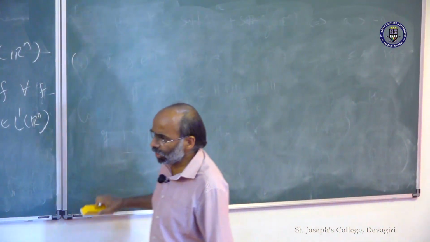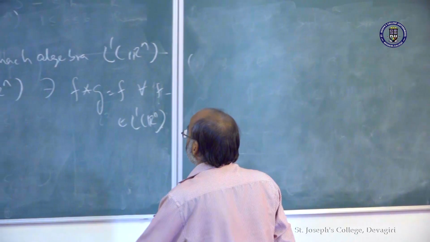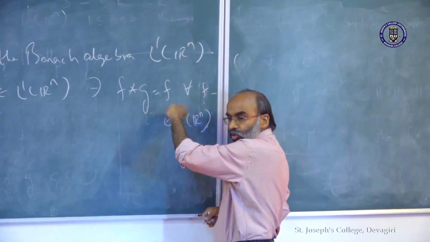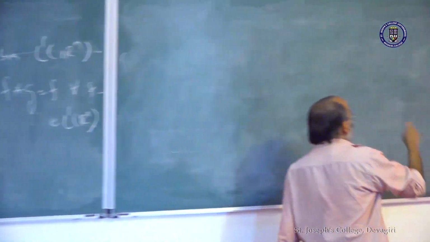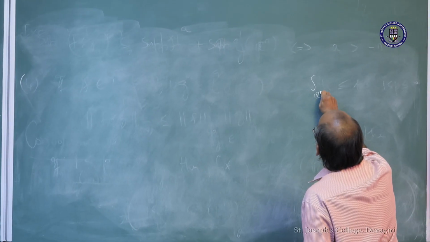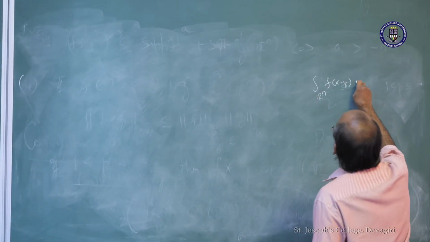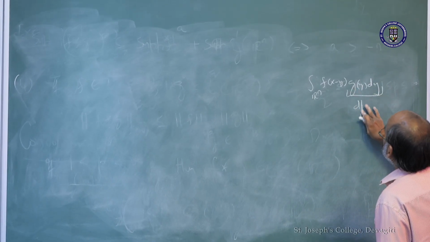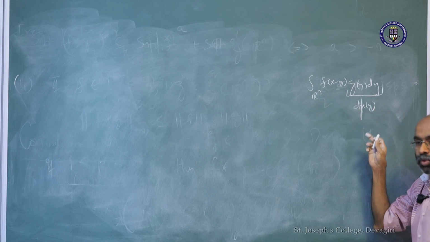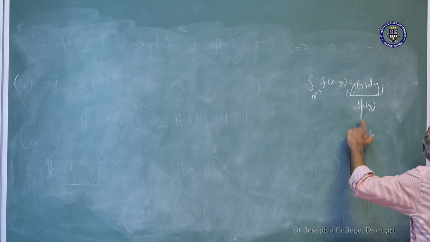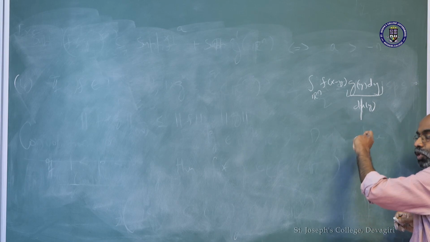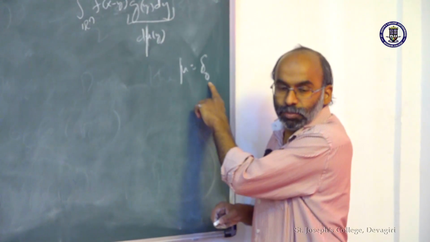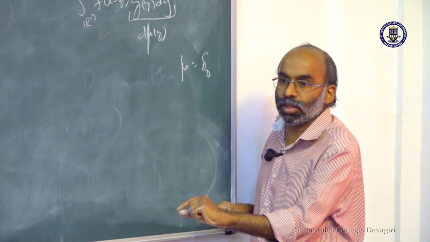If you know enough measure theory, you should know that if I take the Dirac delta at 0, then f convolved with the Dirac delta at 0 is f. Let's justify that. Remember our definition of f star g is the integral of f of x minus y times g of y dy. Instead of g of y dy, if I had a measure d mu of y, this will still make sense. So if mu is delta naught, the measure supported at 0, it is 1 there and 0 everywhere else.